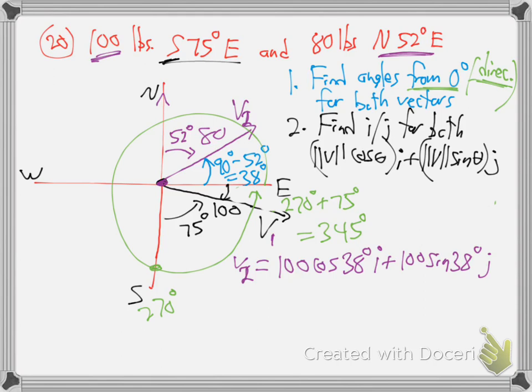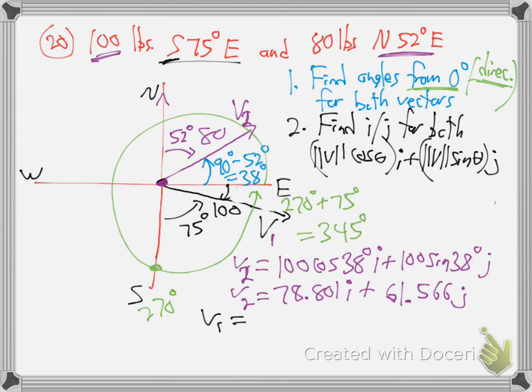Use your calculator, with quite a bit of accuracy because we're only partway through. Vector 2 is, using 3 places, 0.801i and 100 times sine 38, I'm getting 61.566j. That's vector 2.